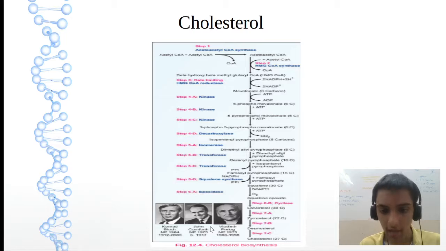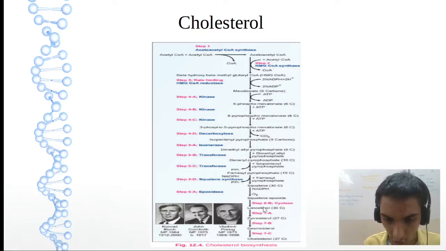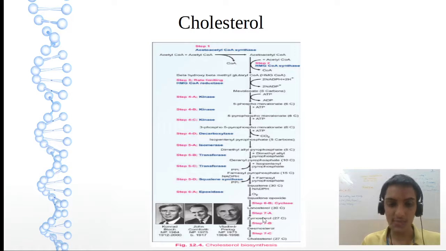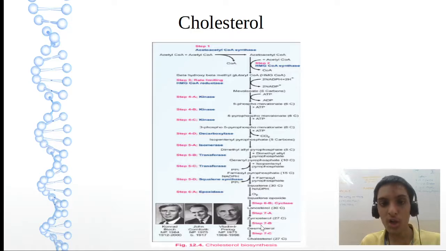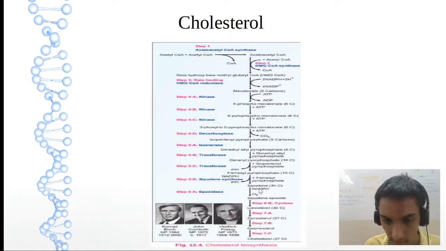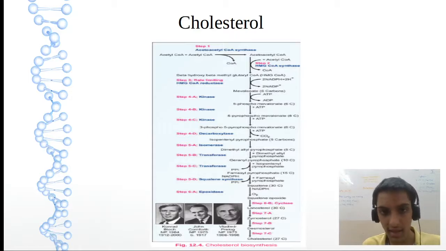It is a 30 carbon compound. Then squalene on epoxidase and cyclase will get lanosterol, and on further steps will get cholesterol. It is not direct, there will be another 19 more reactions. We will not go into those reactions, but just remember lanosterol to cholesterol will be the last one.